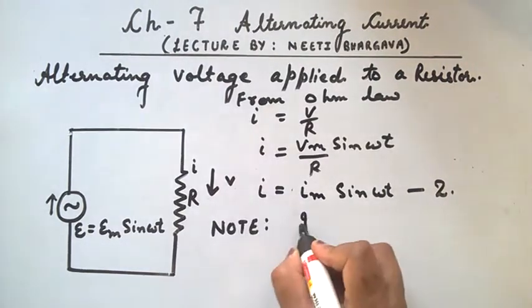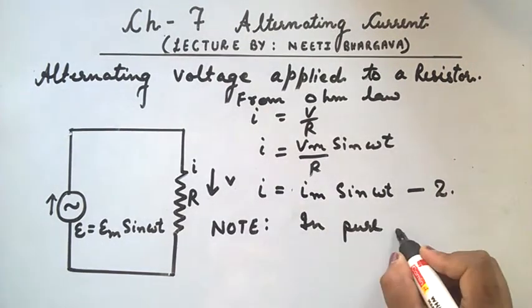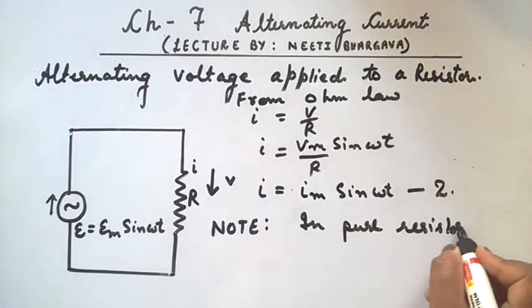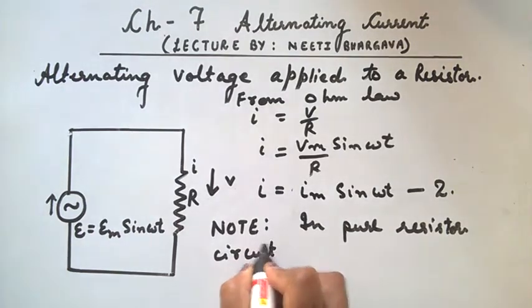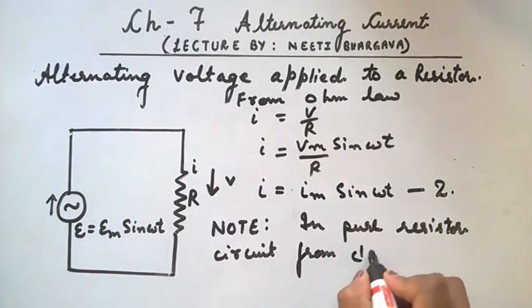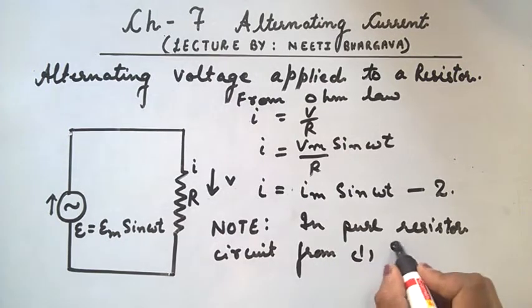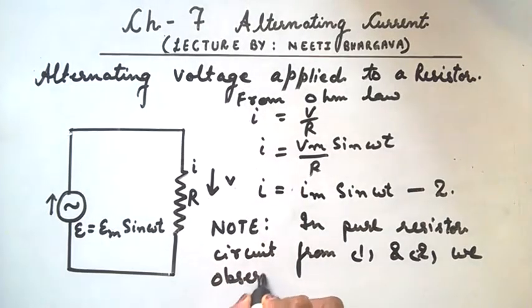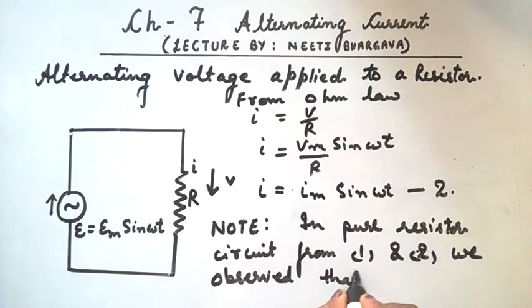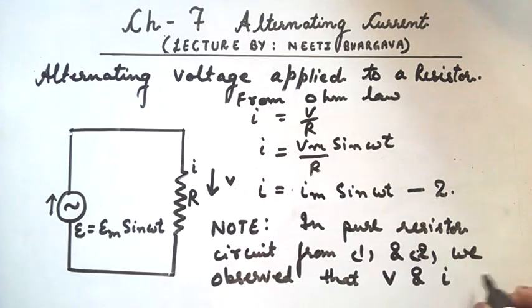So we can write that in a pure resistor circuit, from equations number 1 and 2, we observe that the alternating voltage at an instant and the alternating current at an instant are in phase with each other.